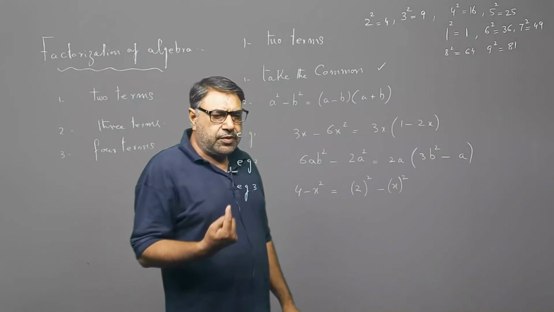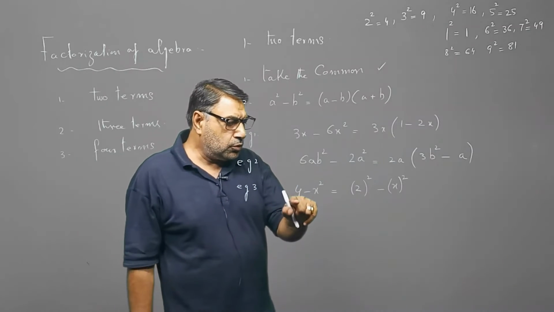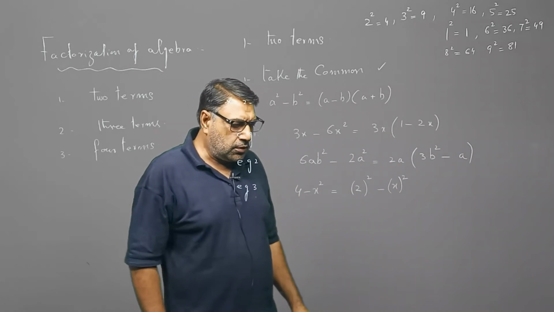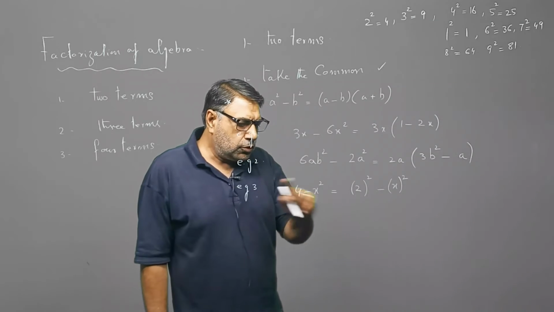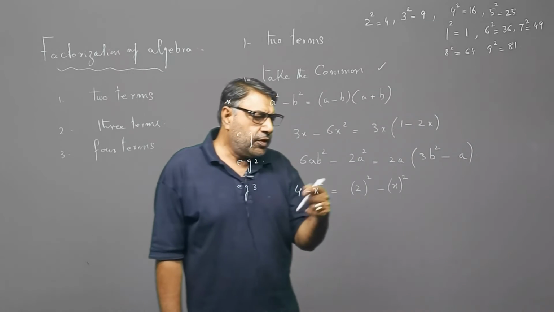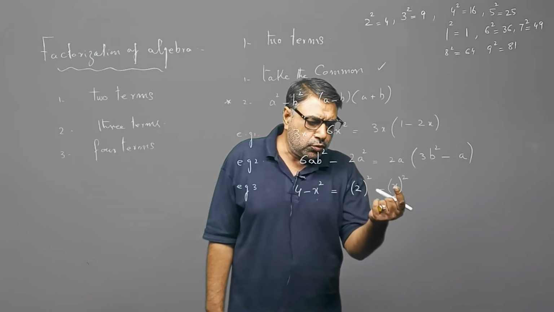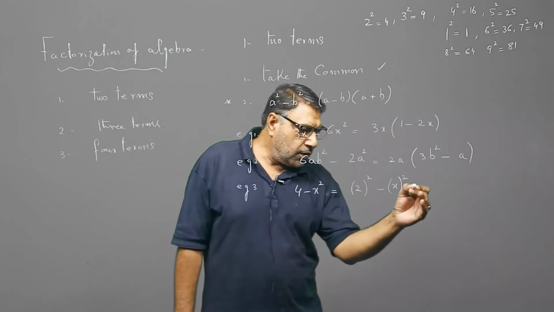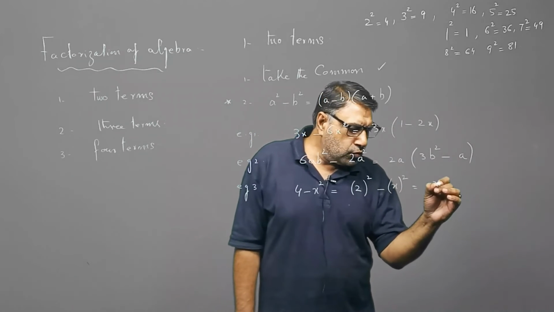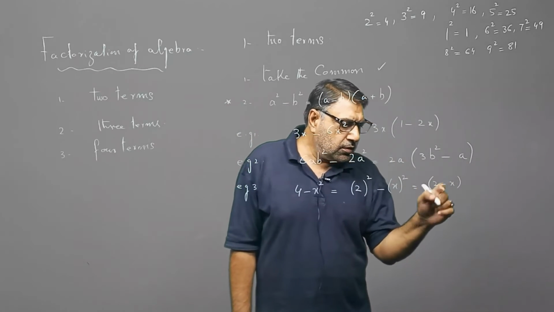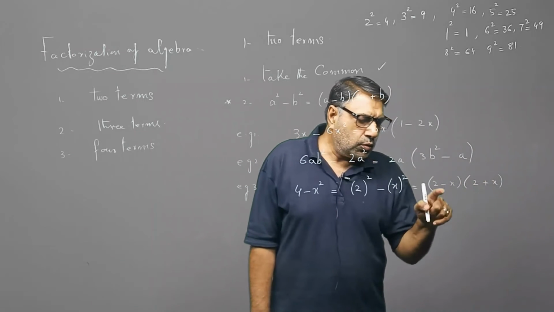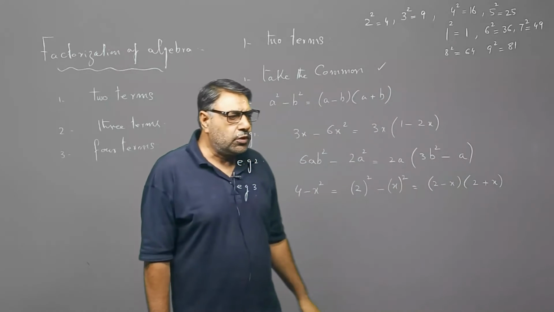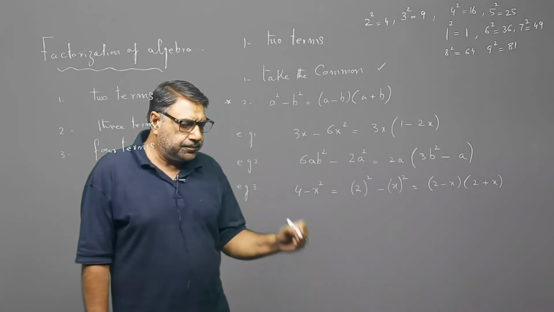But first look at the two terms: is there anything common between the two? No. Then apply minus between two squares. This becomes 2 minus x and 2 plus x. One is negative and the other is positive.